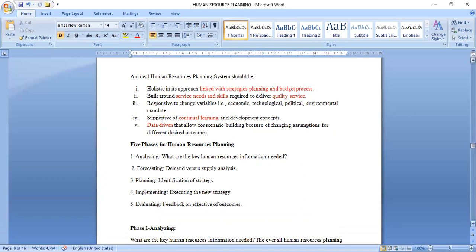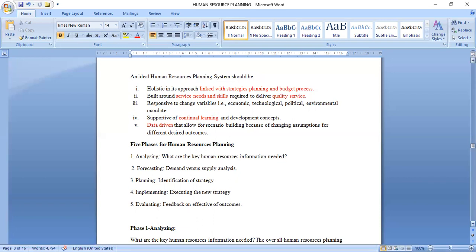So the ideal human resource planning systems should be holistic. By holistic, we mean that they should be linked. The strategies should be linked with the budget process. As you're planning to get the rightful employees with the rightful skills to fill the rightful positions, you should also consider the kind of budget that you have.